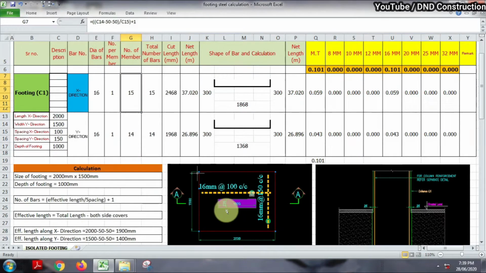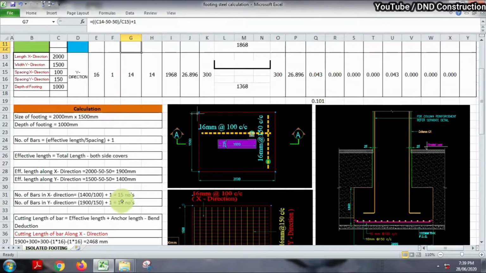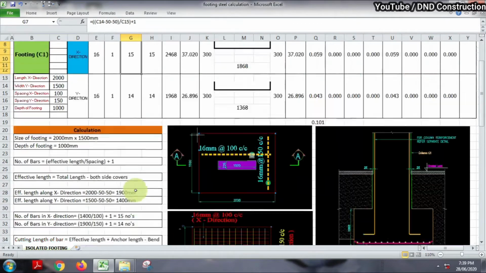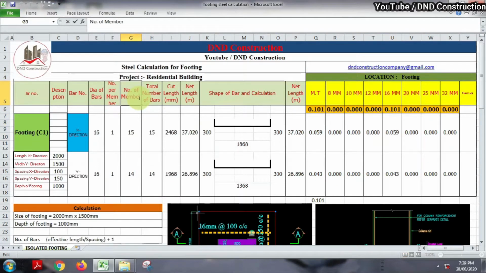And number of bars: how many are there? 15. As you can see, we have calculated the number of bars as 15. You can keep the number of members or the number of bars also. So 15 numbers. From where did it come?